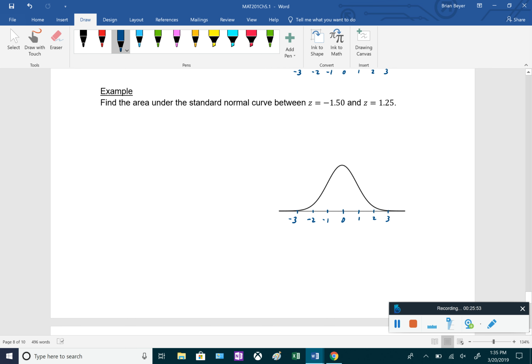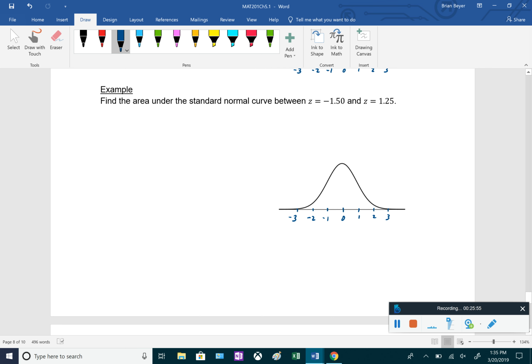Okay, and then for the last one here, for this page, find the area under the standard normal curve between z equals negative 1.5 and z equals 1.25. So we're looking for the area, here's negative 1.5 between this and 1.25 about right here. So we're looking for the area between them. So we have to find the area to the left of both of them separately and then subtract it.